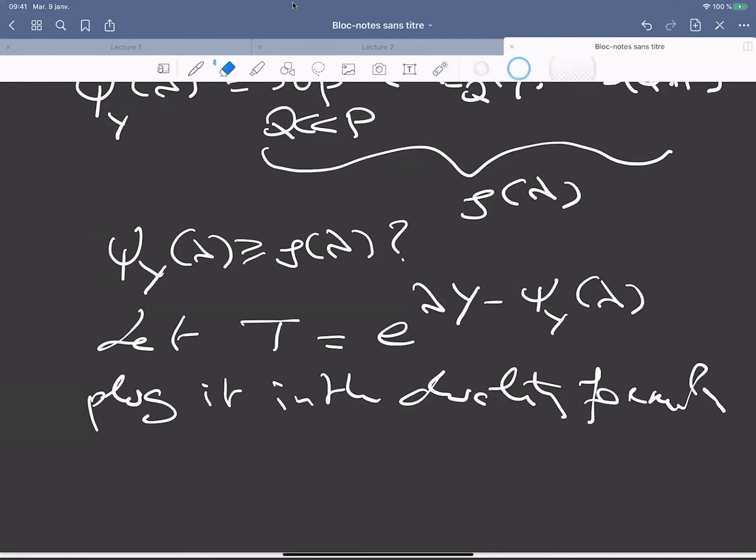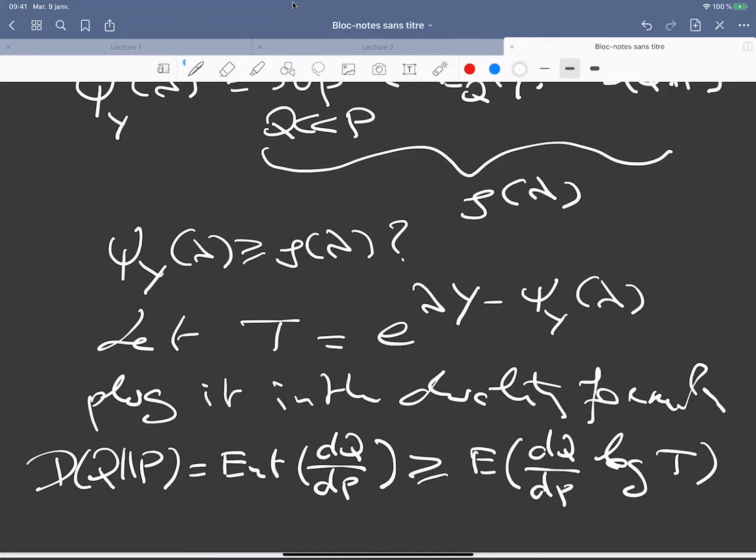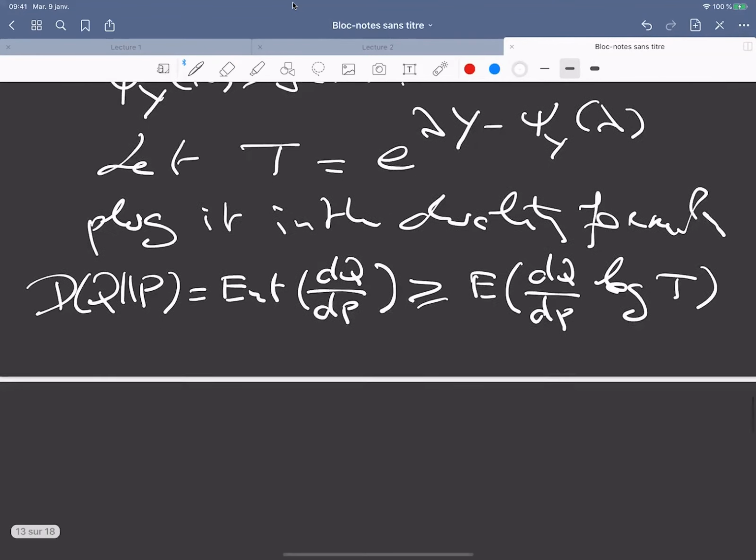So this gives you that the relative entropy, remember that it is an entropy, the entropy of the Radon-Nikodym derivative, is larger than the expectation of the Radon-Nikodym derivative times the log of this t. This very t that you have defined there.